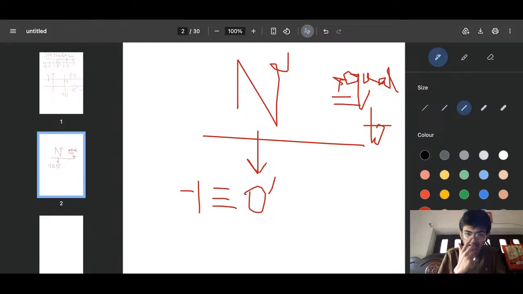So now we have the definition of a new number line, which we can use. Even this statement, minus 1 equivalent to 0 dash, itself shows that 0 is no longer neutral, because actually 0 dash is the neutral.